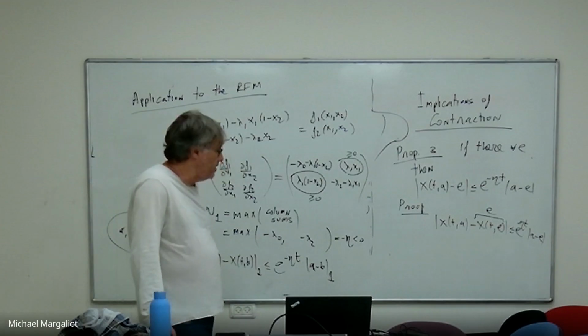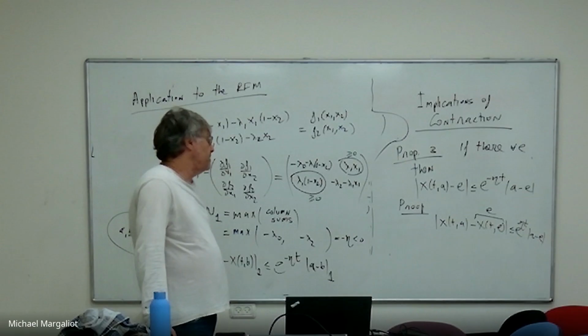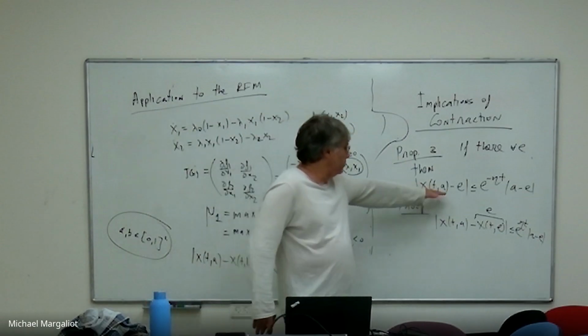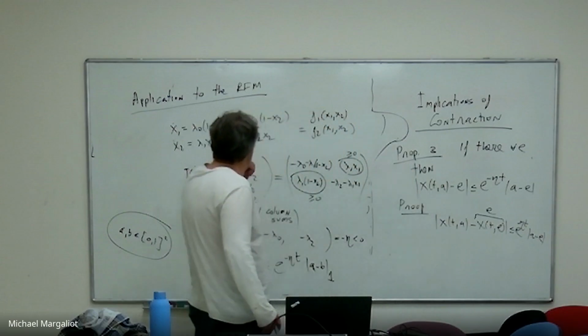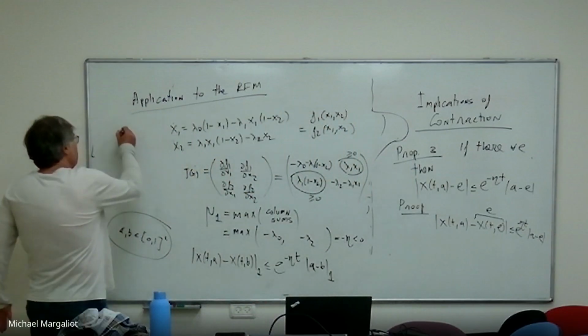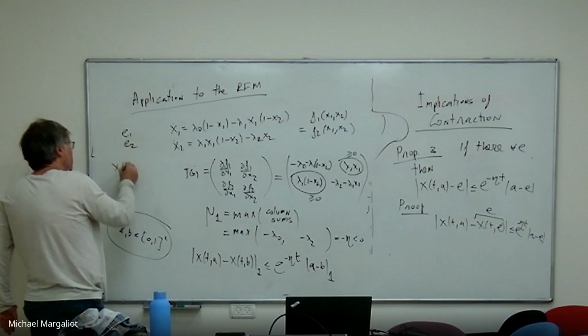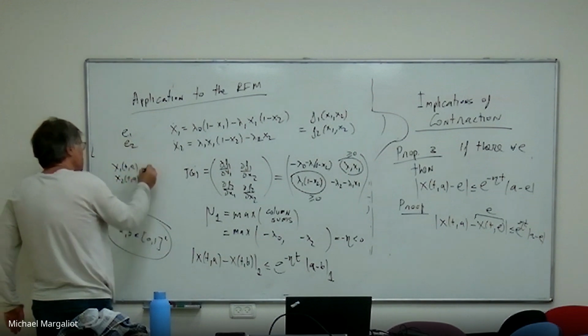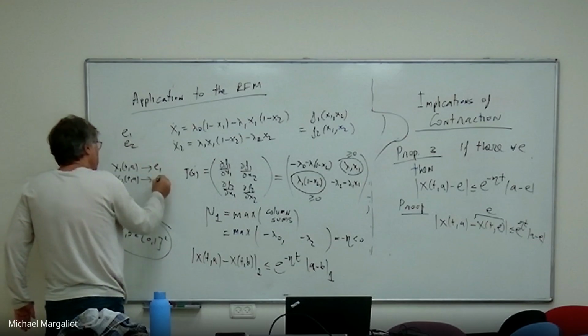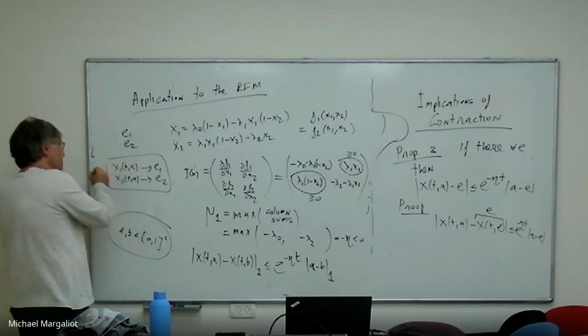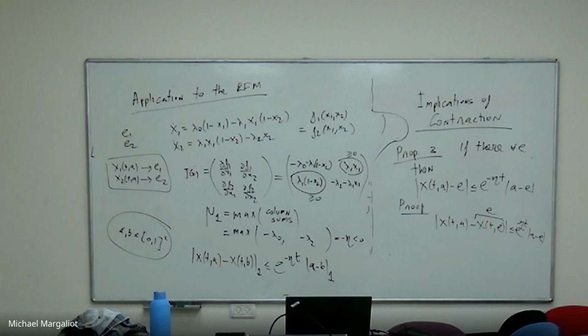And then this is just E, so I just get this equation. So in the RFM, this would mean that there are some values E1 and E2, and it doesn't matter from what initial condition you start, this will always converge to E1, and this one will always converge to E2.